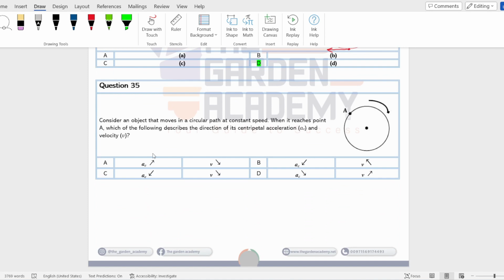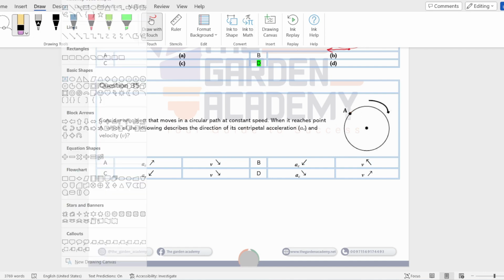طيب. Let's take a look at question 35. Consider an object that moves in a circular path at constant speed. When it reaches point A, which of the following describes the direction of its centripetal acceleration and velocity v? طبعا, this is the direction of motion, and this is the point A. Of course, the direction of the velocity will be tangential to this point, and in this direction.